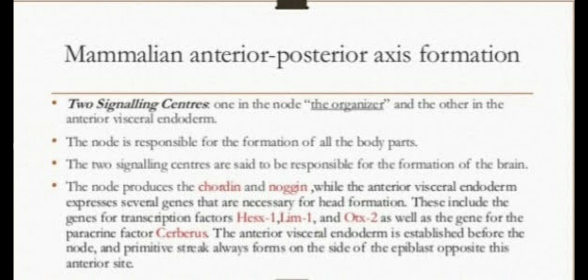For the formation of anterior posterior axis, there are two signaling centers, one in the node, the organizer, and the other in the anterior visceral endoderm.